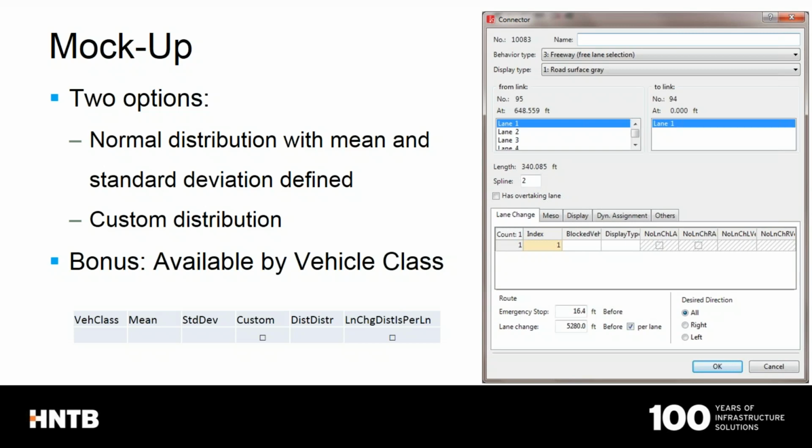And then down at the bottom here, I put another idea of what this could look like in list form, where you define your vehicle classes, your cars, your trucks, whatever else. You could have a couple of columns if you were doing a normal distribution, where you'd put your mean and your standard deviation.